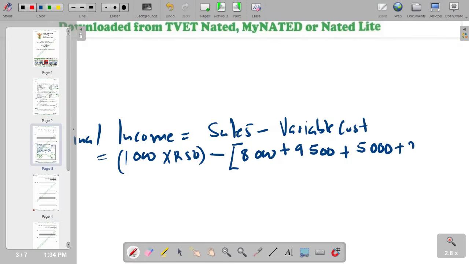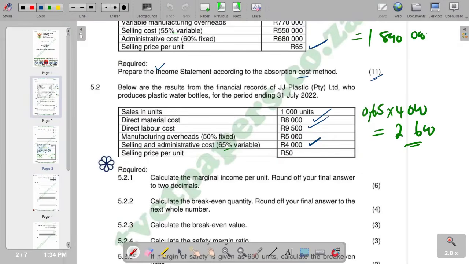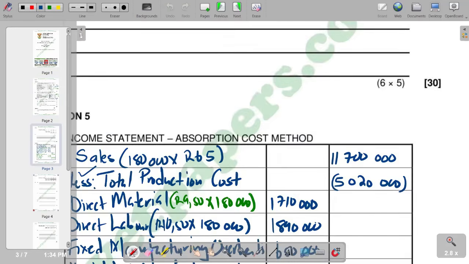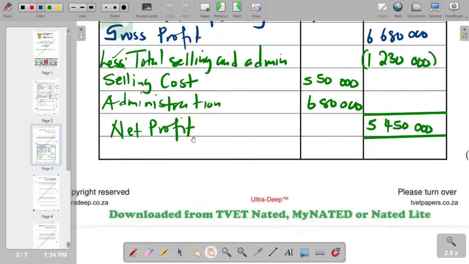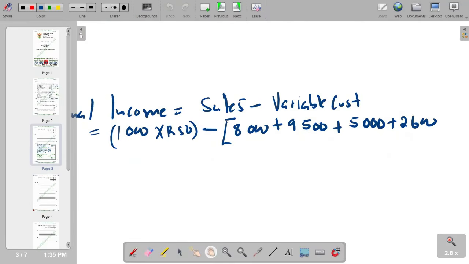Also, if you refer back, you'd see that this 5,000 of manufacturing overheads becomes the total of our manufacturing overheads. And the fixed is 50%, which means the variable is also 50%. So you say 50%, which is 0.5, and then you multiply by 5,000, and you get 2,500. So we are supposed to include this 2,500 there and remove the 5,000, because this 5,000 is not correct. So we put our 2,500 on this part.